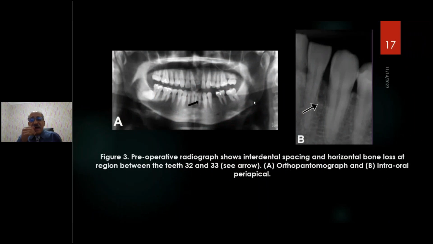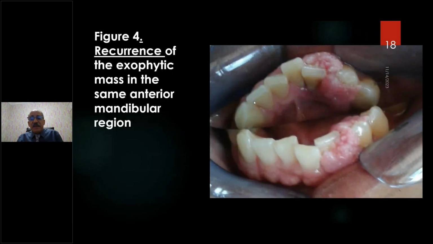Now, the X-ray was done showing there is radiolucency, as in OPG, and in the periapical more clear. Next, please. Yeah, this is another view showing the exophytic lesion, which is lingual and labial.